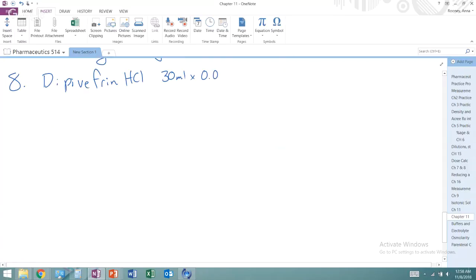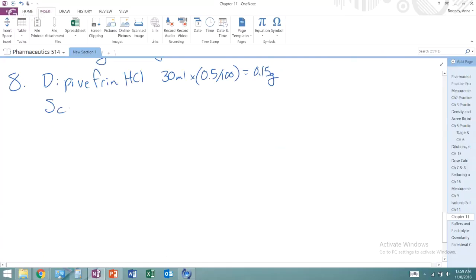What did I multiply this by? Oh, I did this. Okay. I did this earlier. So half divided by 100. And I found that it was 0.15 grams of that we need.